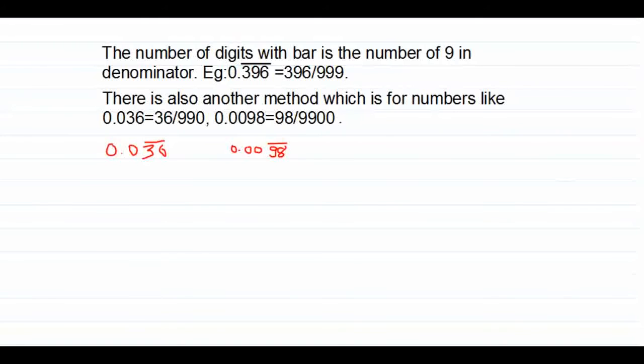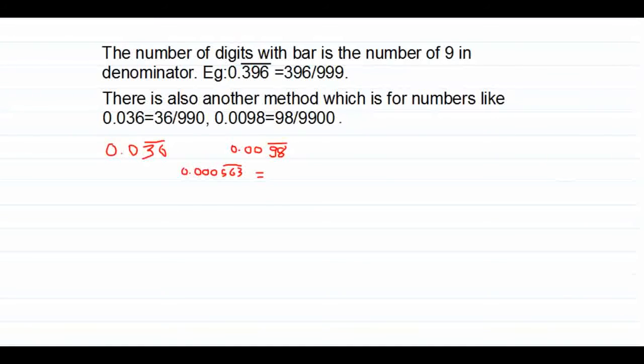Okay guys, if you want some more examples I can give you, like 0.000563. As you can see here, there is a bar over 5, 6 and 3.